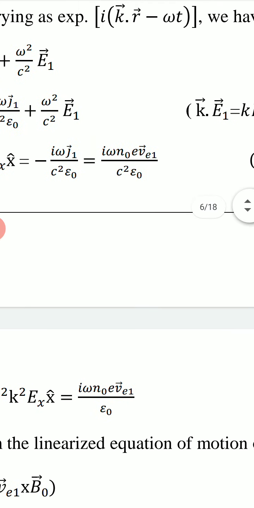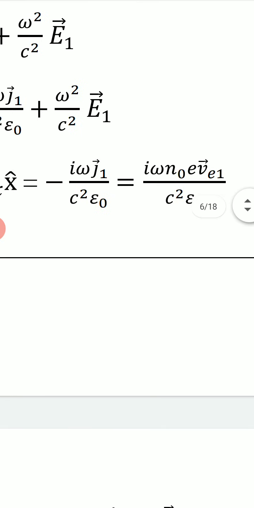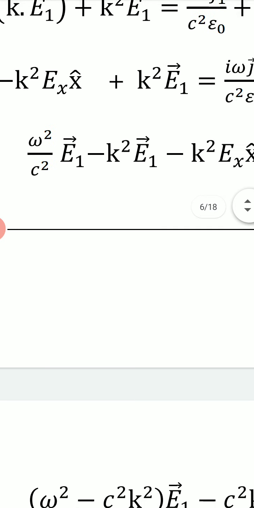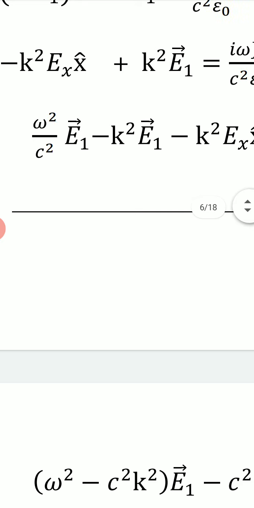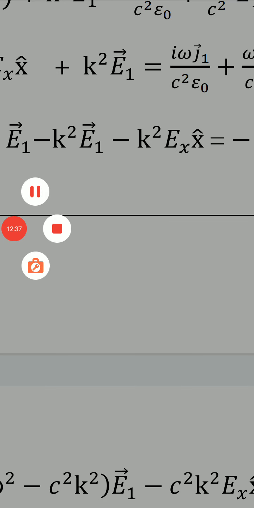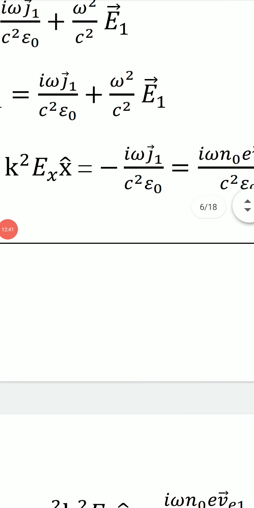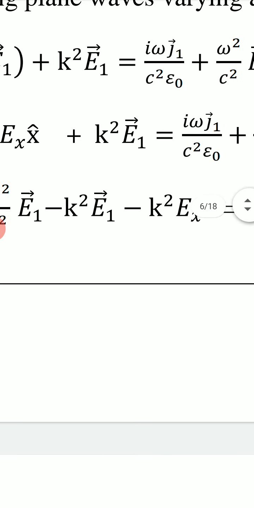If we bring this term to the left hand side, we have omega square upon c square E1 vector.